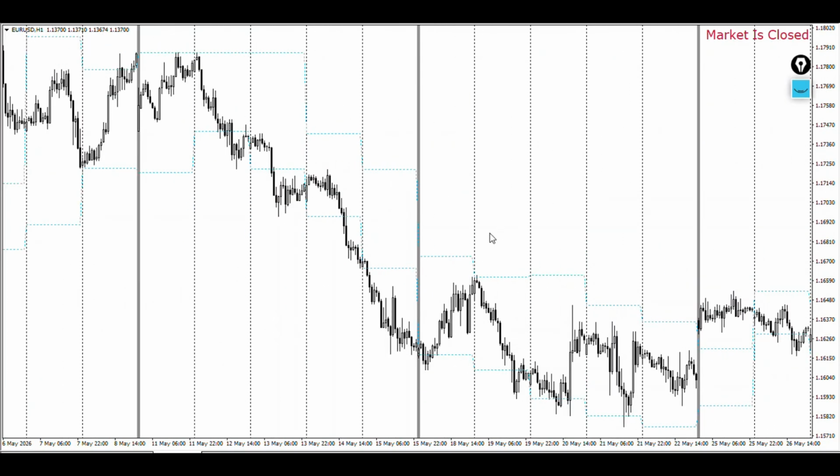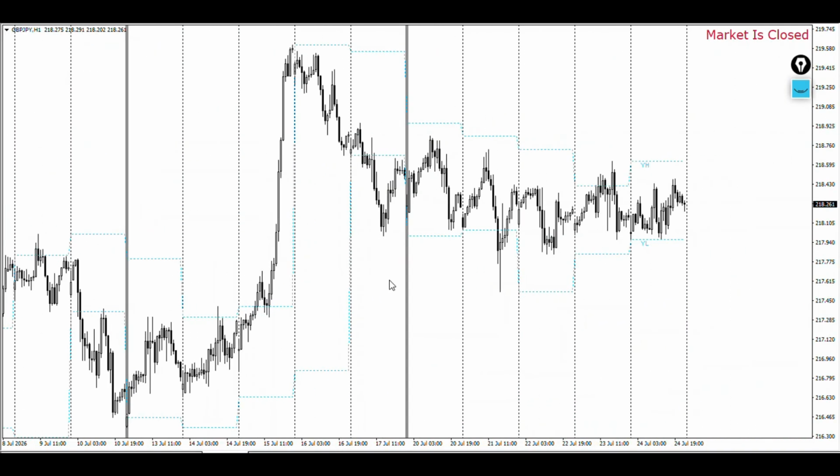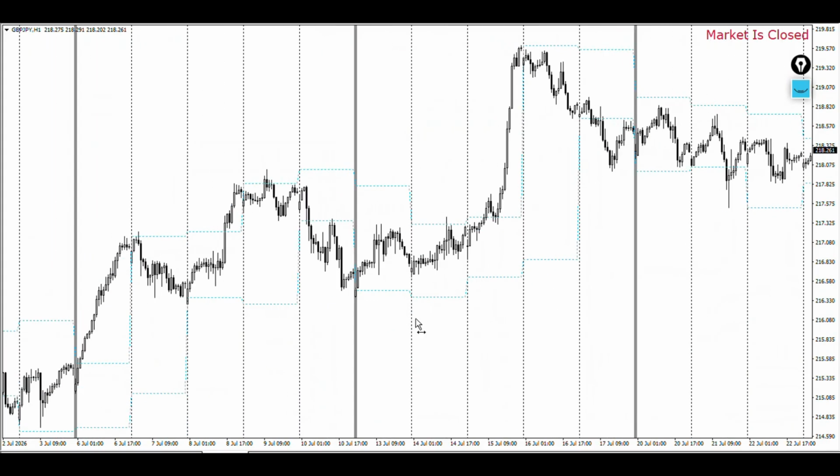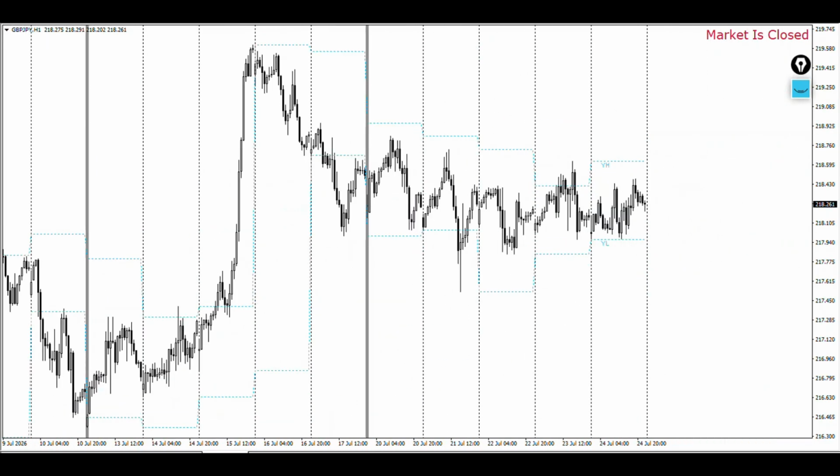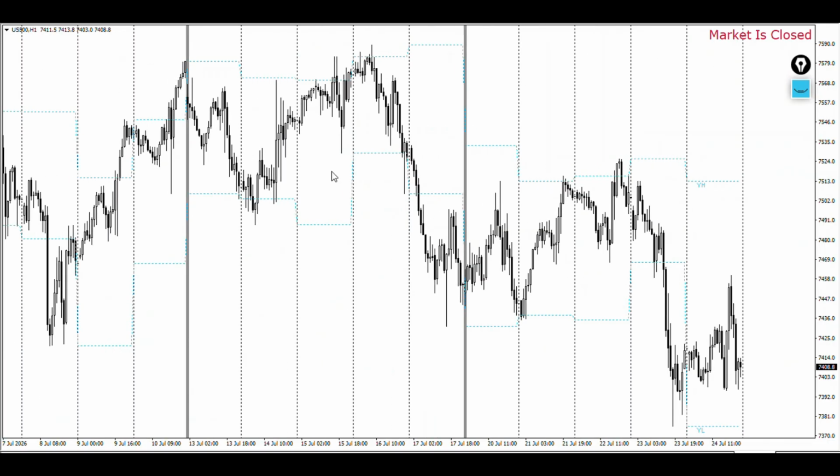So that's how the weekly template actually looks like. This weekly template forms every week, and there are only three types of weekly template you can see on your chart. There's nothing else. It's another example of retest and continue to the downside. So that's all about our weekly template.